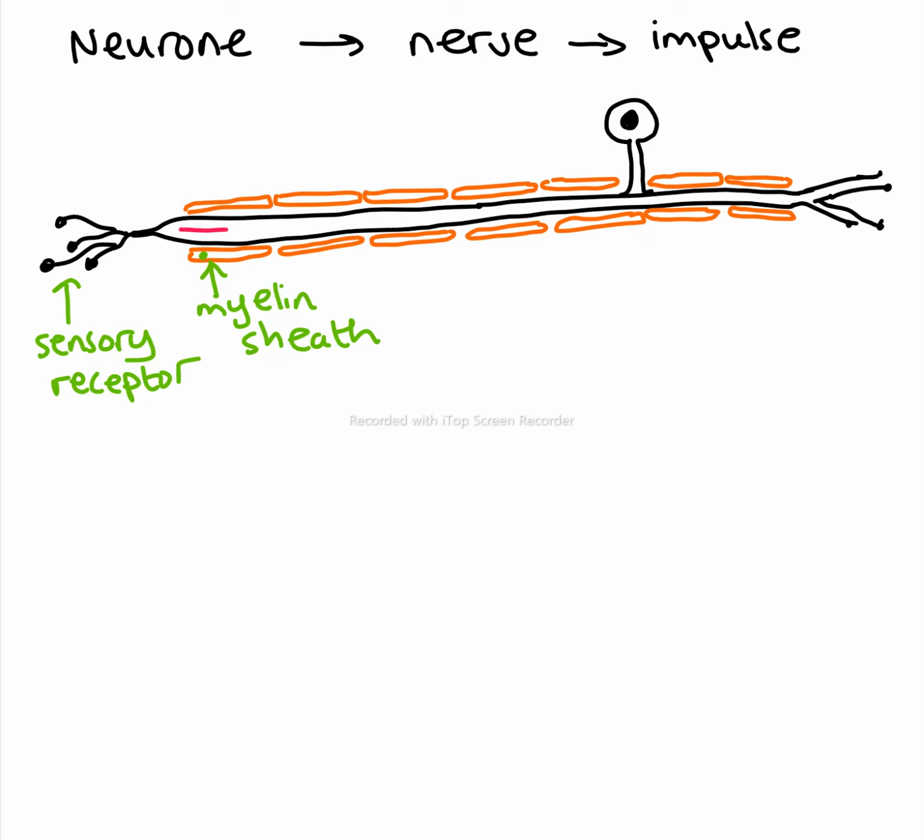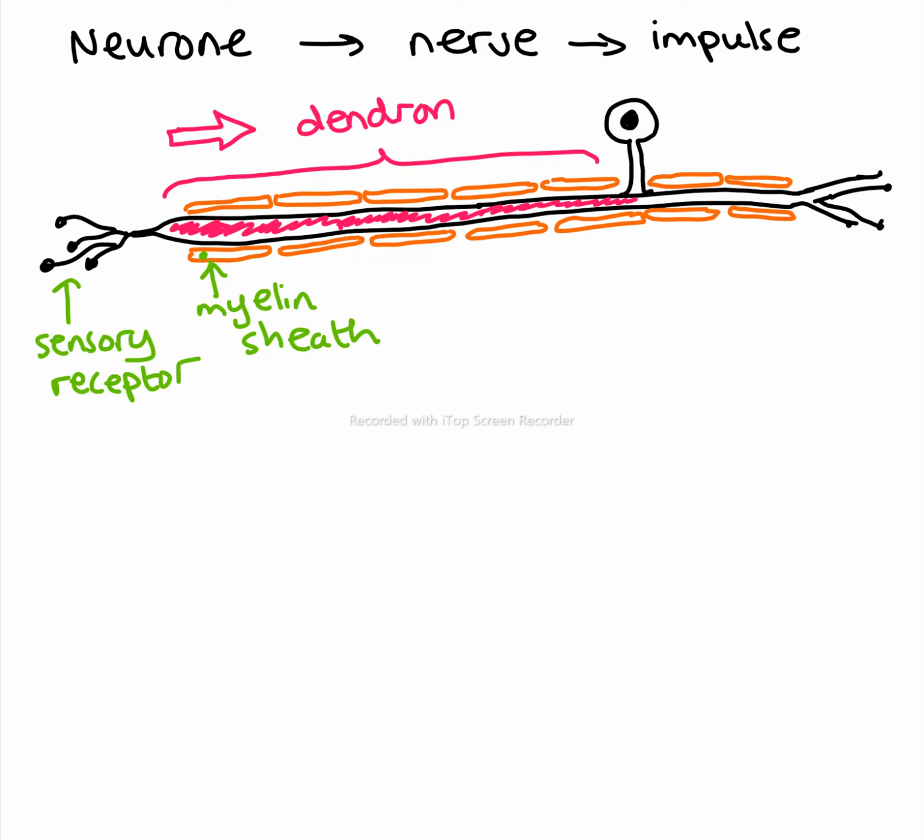So the signal is traveling that way. When the signal is traveling towards the nucleus or the cell body, this part here, let me just color that in, this bit here is called the dendron. Remember, the impulse is traveling towards the body of the cell.